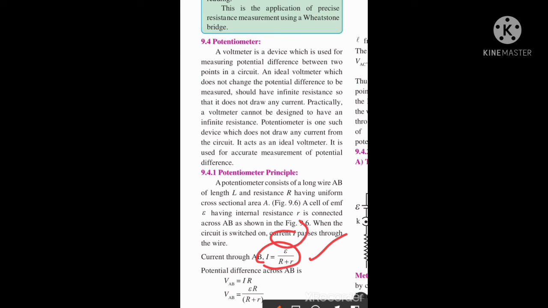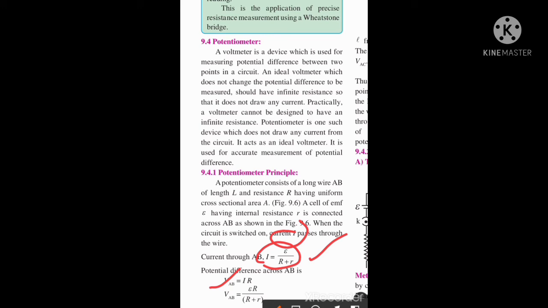Then the potential difference across wire AB is given by V_AB is equal to I into R, where I is the current flowing through wire AB and R is the resistance of wire AB.